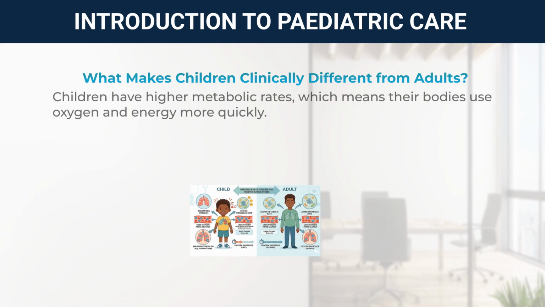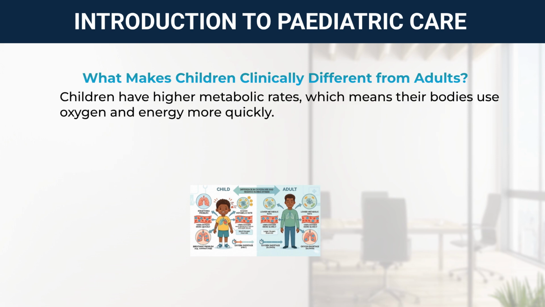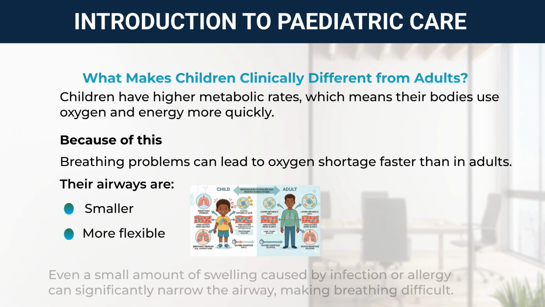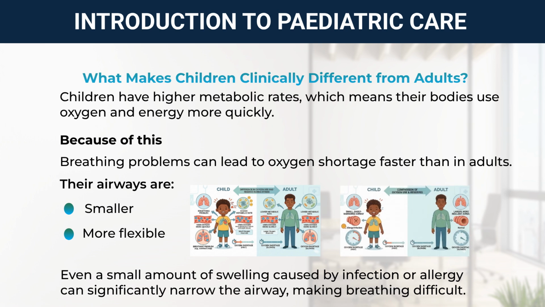Children have higher metabolic rates, which means their bodies use oxygen and energy more quickly. Because of this, breathing problems can lead to oxygen shortage faster than in adults. Their airways are also smaller and more flexible. Even a small amount of swelling caused by infection or allergy can significantly narrow the airway, making breathing difficult.